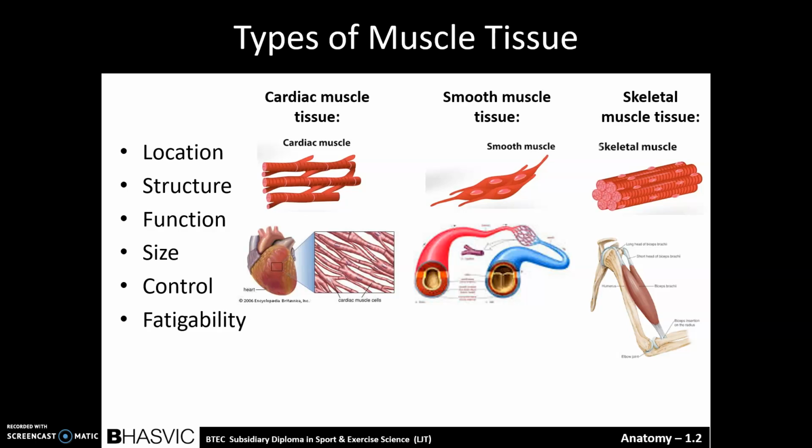And also, if it was fatiguing, that means eventually it would need to stop to recover. And obviously, if it stopped, we would die due to the lack of oxygen being supplied to our body.